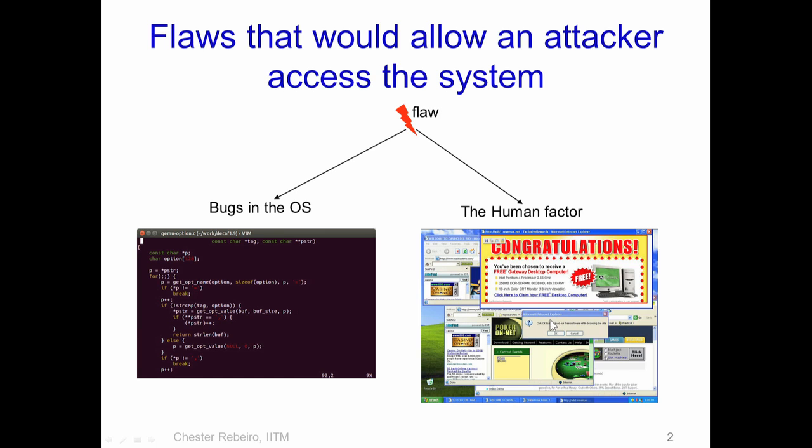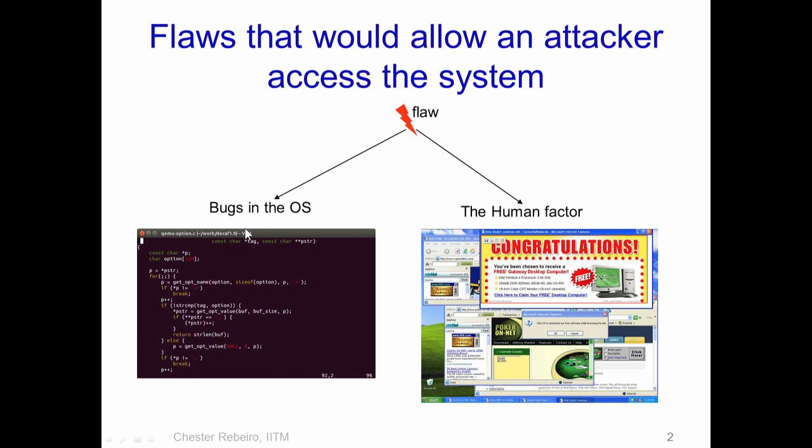For instance, when we browse the internet, we see many web pages opening and prompting us to click on particular links which would take us to maybe a malicious website, and a result of that would cause malicious applications to be downloaded into the system.